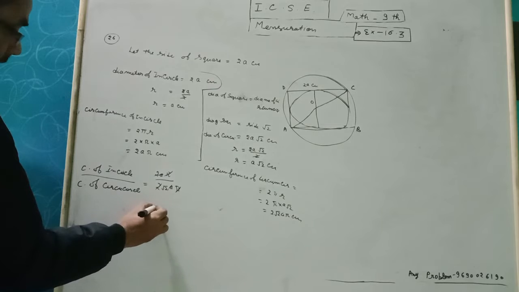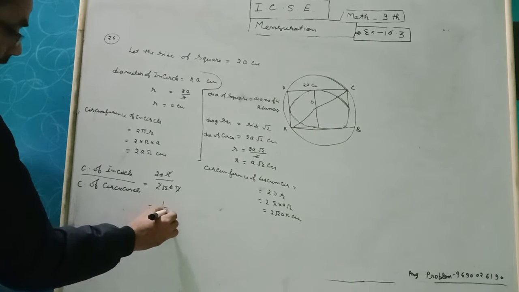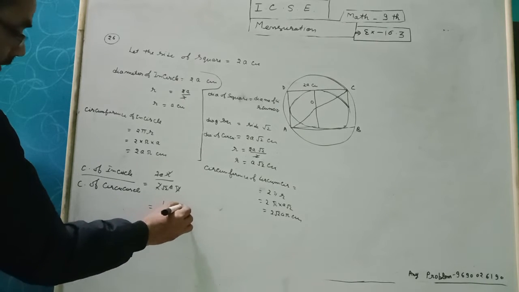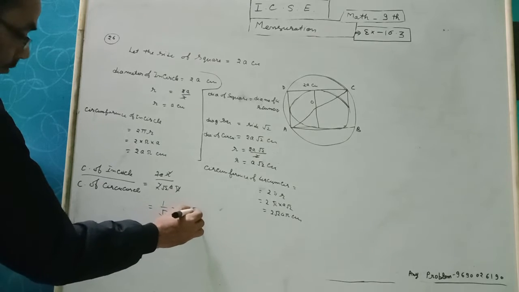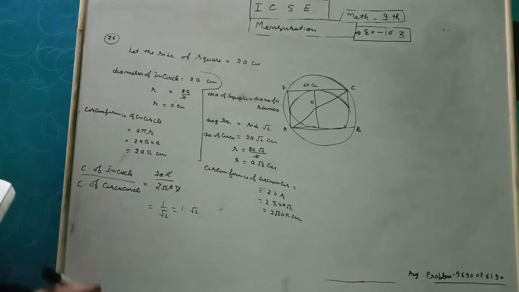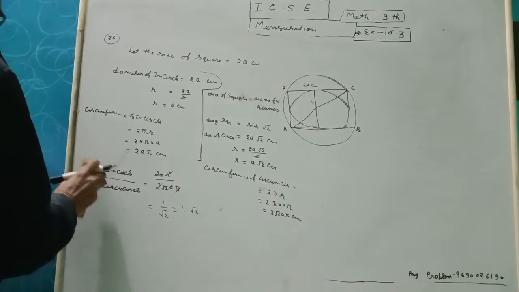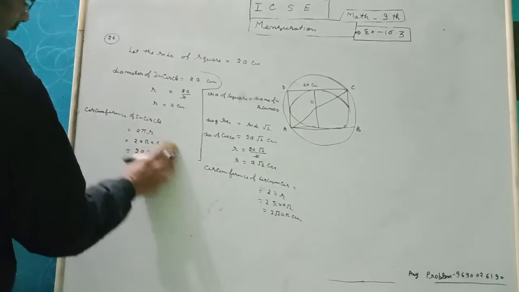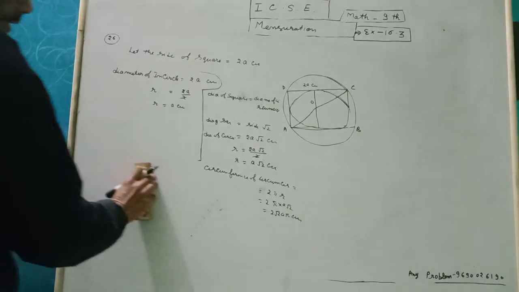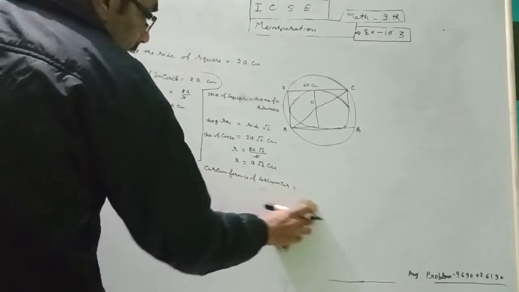After cutting, 1 upon root 2. So 1 : root 2 will be the ratio between the circumference of the incircle and the circumcircle.